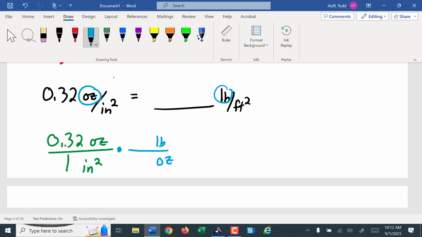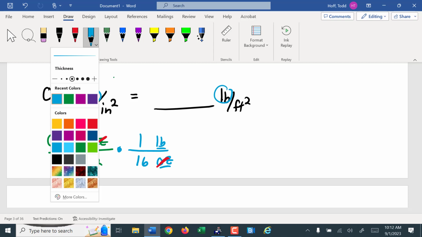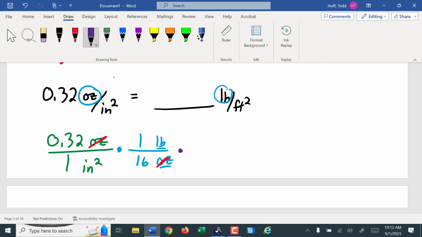The relationship? 1 pound equals 16 ounces, yes. So the ounces will cancel out. That'll put us in pounds per square inch. Next, we want to get rid of square inches. Where do we put that in our conversion factor to get rid of it? On top, because it's starting out on bottom.